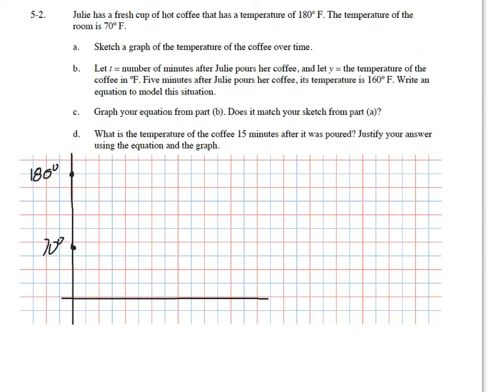Now, as it's cooling to 70 degrees, theoretically, if this were an exponential decay situation, it is going to keep getting closer and closer to this horizontal asymptote of 70. So this is what our graph would look like, where hours is on the x-axis and temperature in degrees is on the y-axis.